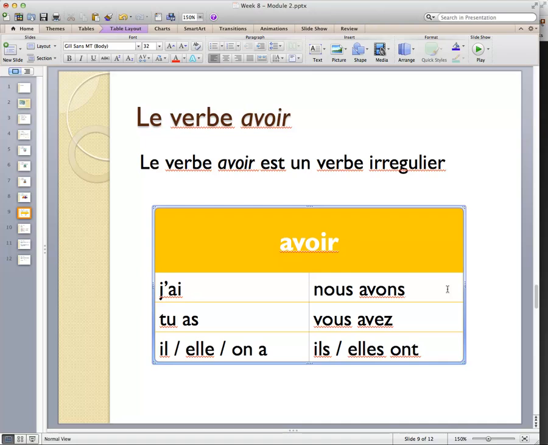That's called a liaison. Vous, we use the form avez. So again, with a liaison, vous avez. And lastly, for ils and elles, we'll use ont. O-N-T, we don't pronounce the T at the end. And again, there's a liaison. Ils ont, elles ont.